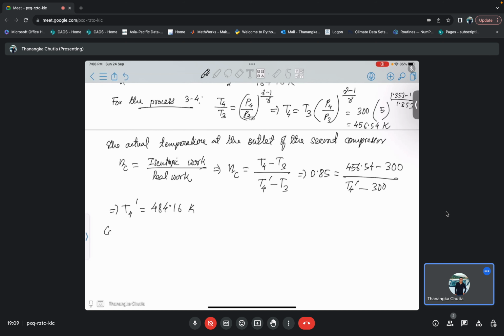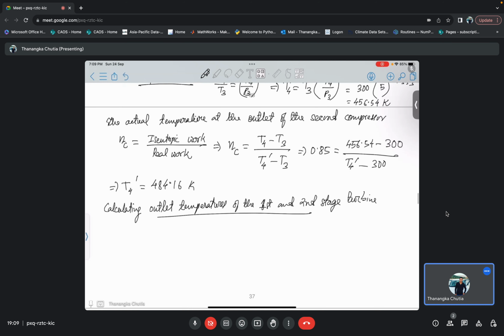Next is calculating the outlet temperatures of the first and second stage turbine.